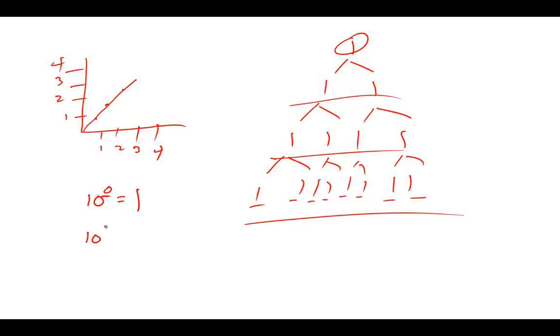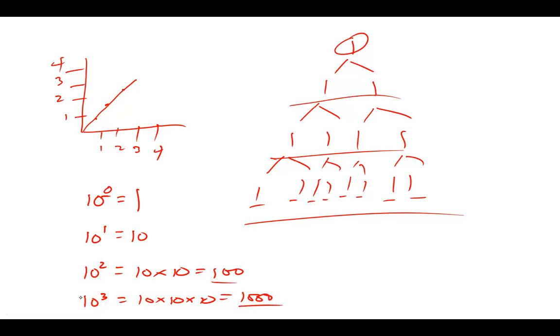And then 10 raised to the first power is 10, and 10 raised to the second power is 10 times 10, which is equal to 100. And then 10 raised to the third power would be 10 times 10 times 10, which would equal 1,000. But we don't like writing that all out like 1,000 or 100, so we use exponents. All right?